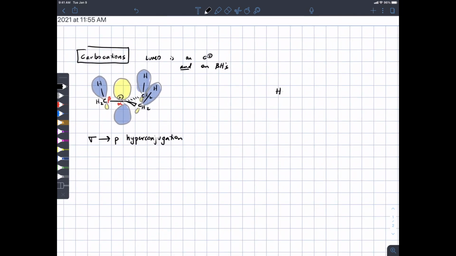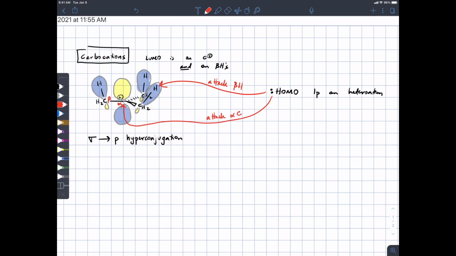But the challenge here that we haven't considered, though I've alluded to it, is that a molecule with a highest occupied molecular orbital, usually lone pairs on a heteroatom, we'll just draw it like that, now has a choice. Do we attack at the beta hydrogen, the beta proton rather, or do we attack at the positively charged alpha carbon?